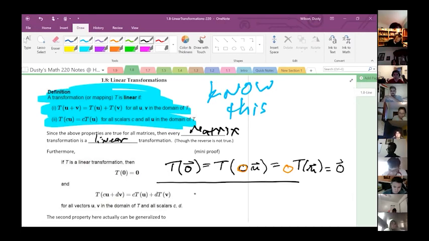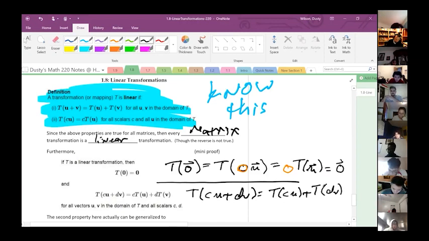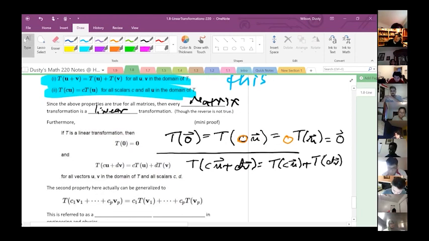For the second part, T of CU plus DV would be T of CU plus T of DV, and then you can pull the C's and the D's out using property number 2.